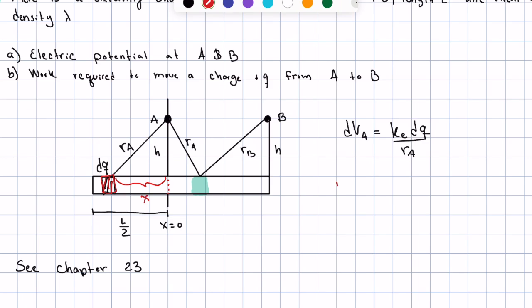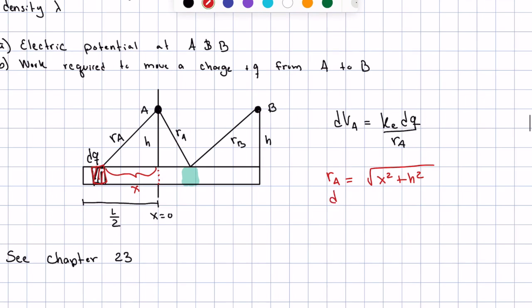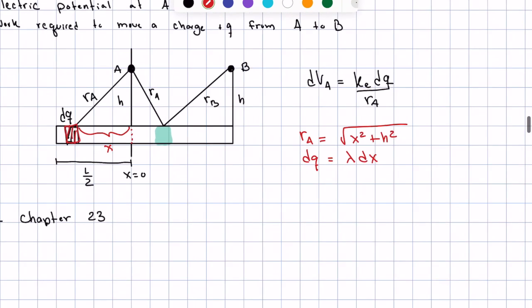So that means that RA is going to be equal to the square root of x squared plus h squared. And then dq is equal to lambda times dx. And x ranges from negative L over 2 to L over 2.